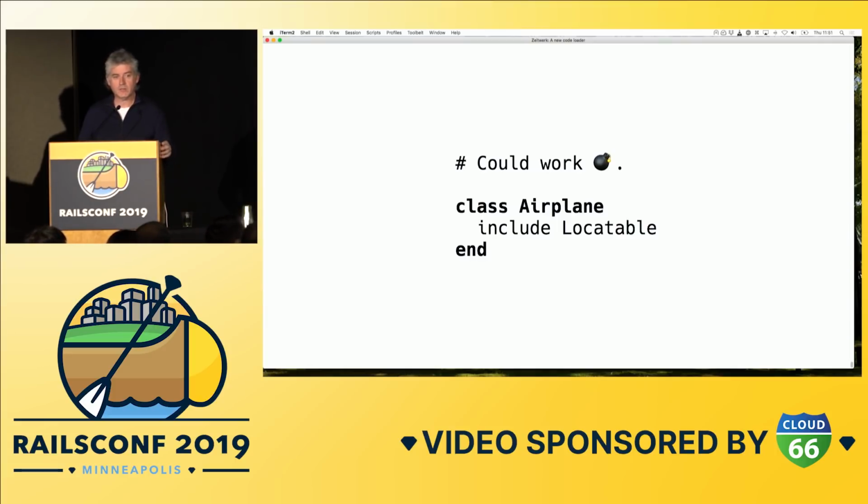This could work, because if in the code path someone else required that file locatable, then when you arrive here, the interpreter knows in the state of the process that the module is already loaded, so it works. And the problem is that when you hit a different code path, maybe in production, then you get an exception.